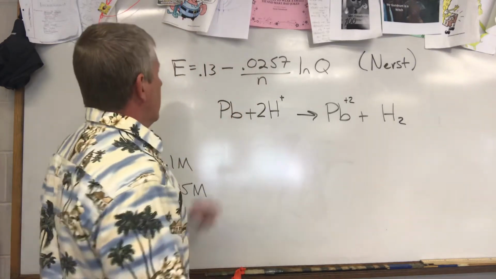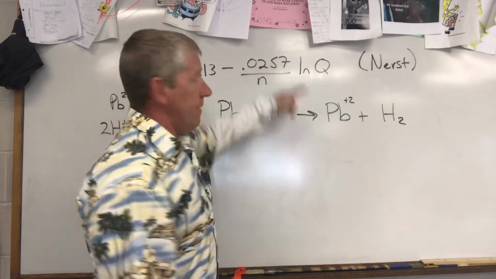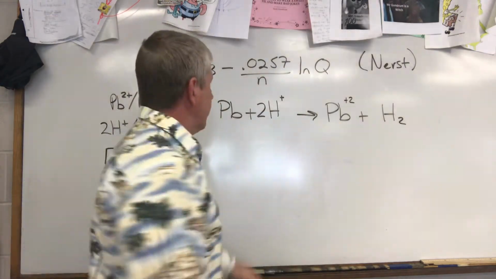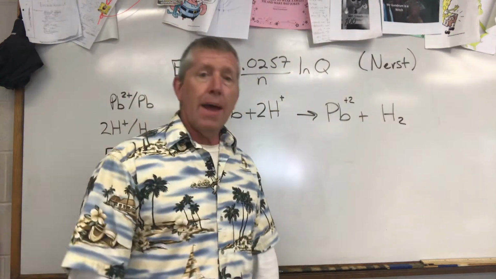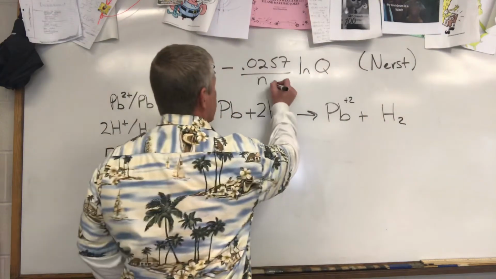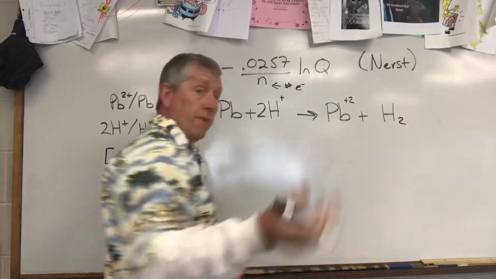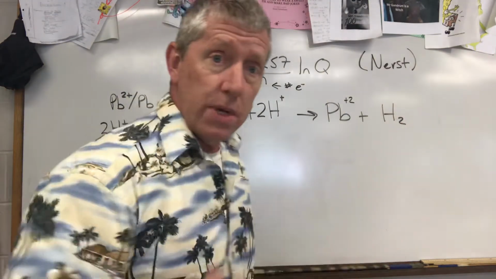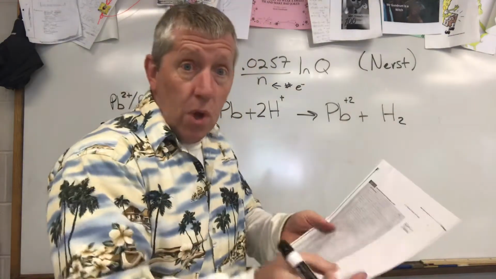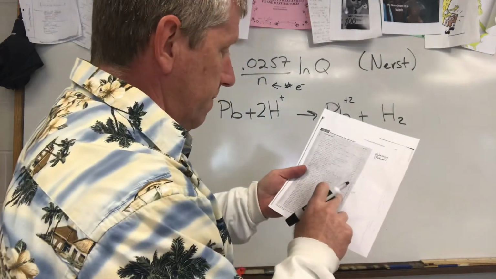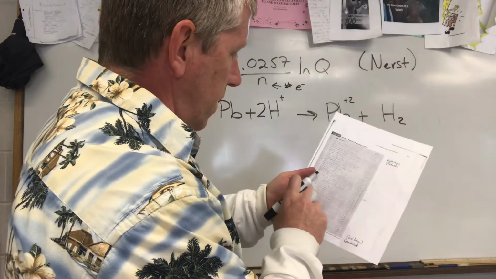Now, 0.0257 is the number, divided by n. n is the number of electrons involved in the oxidation-reduction exchange. How do you know that? Well, look at the chart. How many electrons are being exchanged here with hydrogen? 2. How many with lead? 2.